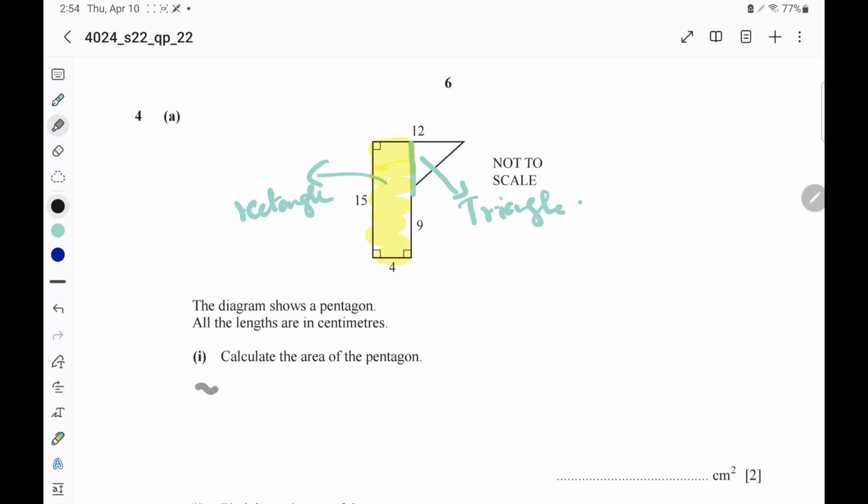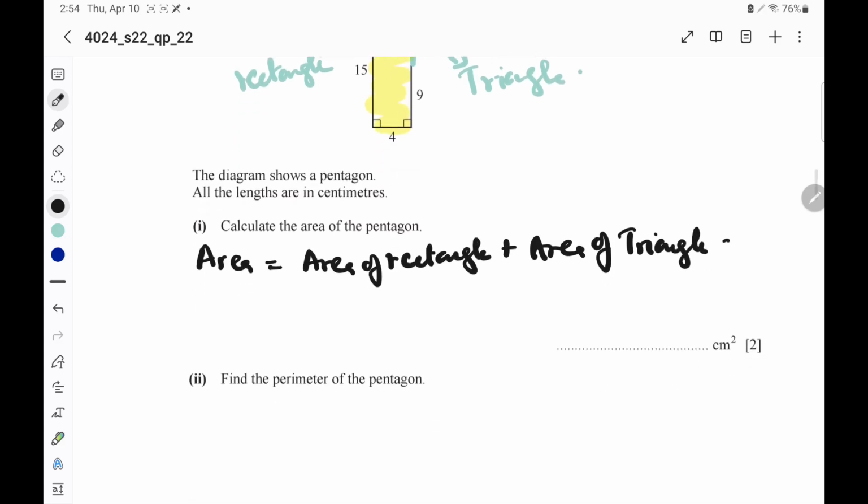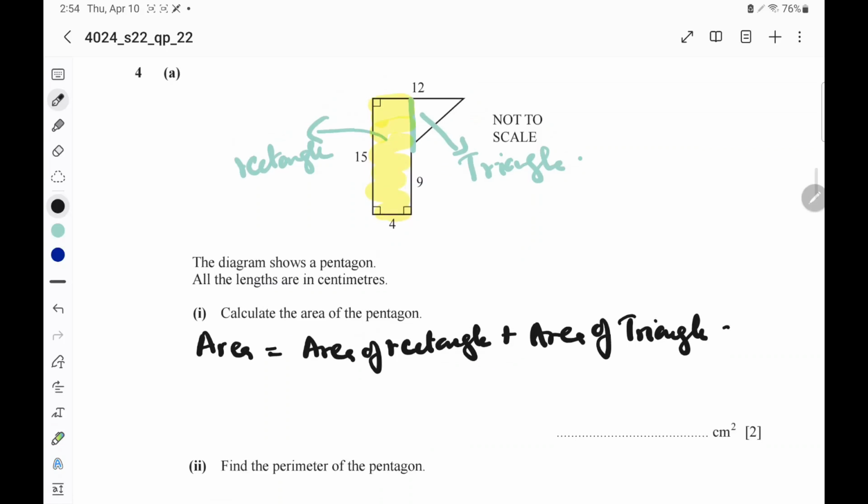Okay, so the area of the pentagon is equal to total area, or area of the pentagon is equal to area of rectangle plus the area of triangle. So the area of rectangle is equal to 15 times 4.